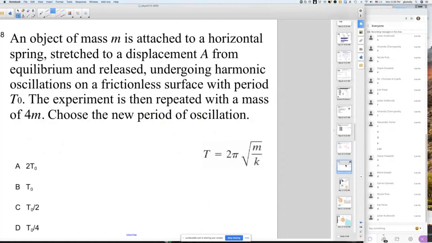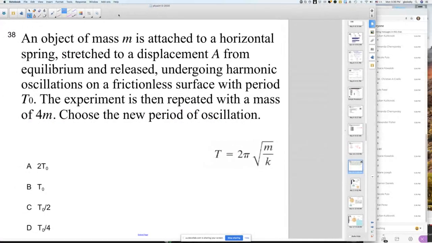Okay, one more problem. An object of mass m attached to a horizontal spring. This goes back to the spring equation, so the period is given by that equation, and it undergoes oscillation with a period of T naught.